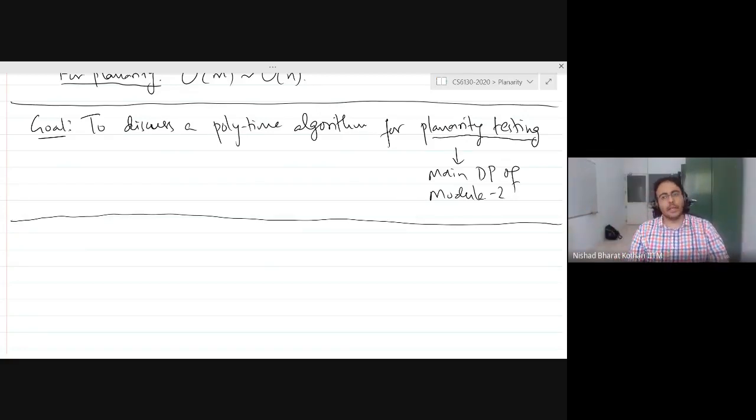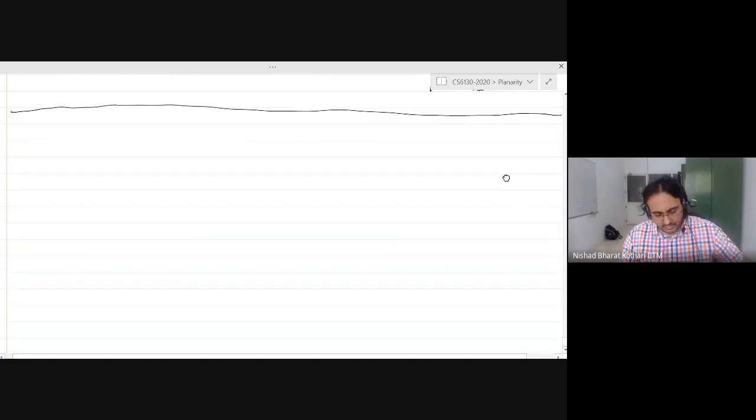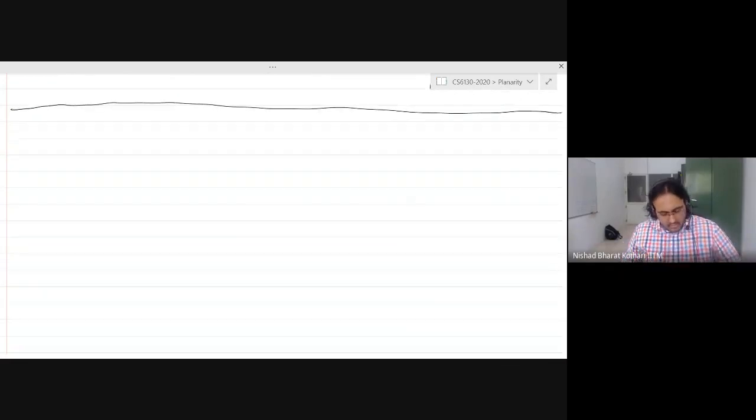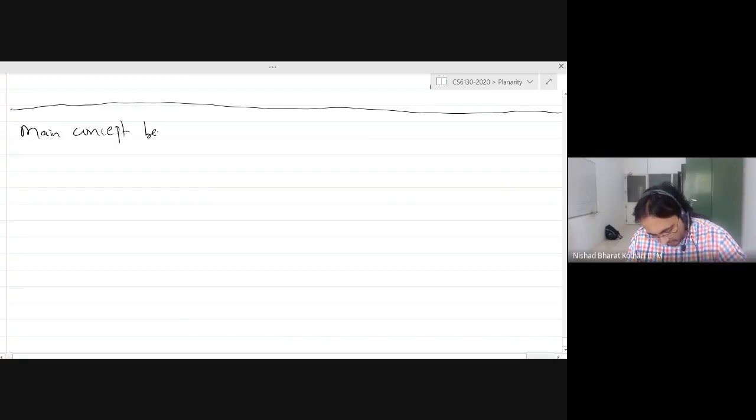All right. So the main concept behind this algorithm is called bridges of a cycle. The algorithm that we are going to discuss, we won't get to it today.